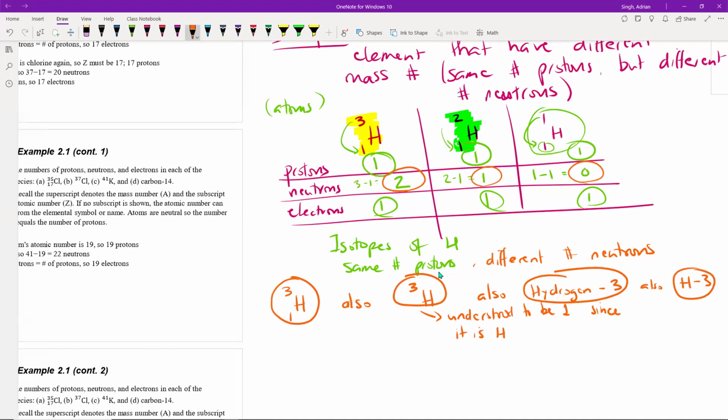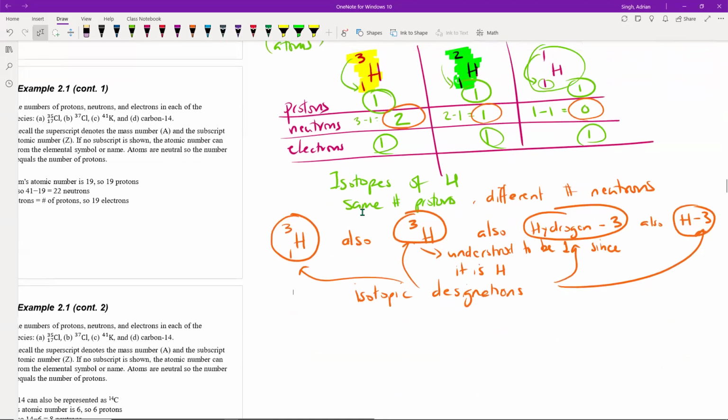So these are isotopic designations. And you'll see a combination of these all throughout your book and Aleks online and elsewhere. Okay, so let's do the isotope that has a mass number of 2 just to compare it. This would be H-2,1, our normal nuclear or atomic symbol.